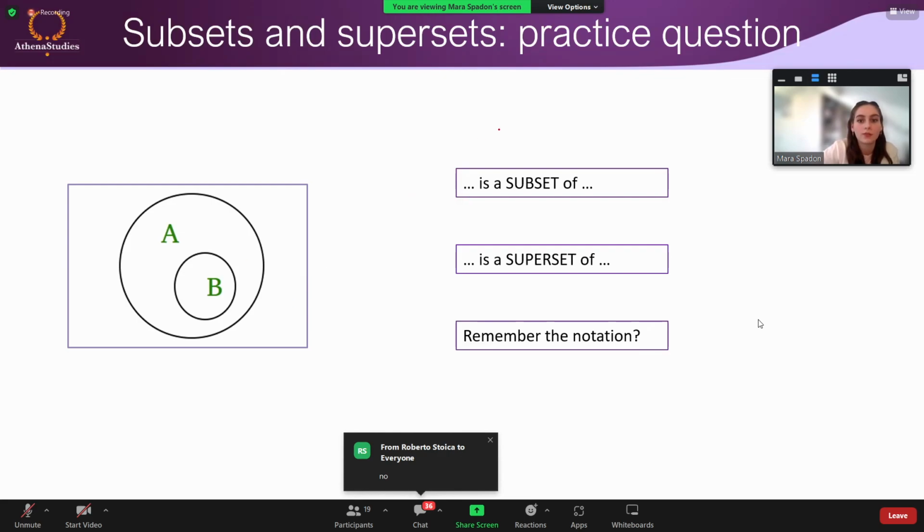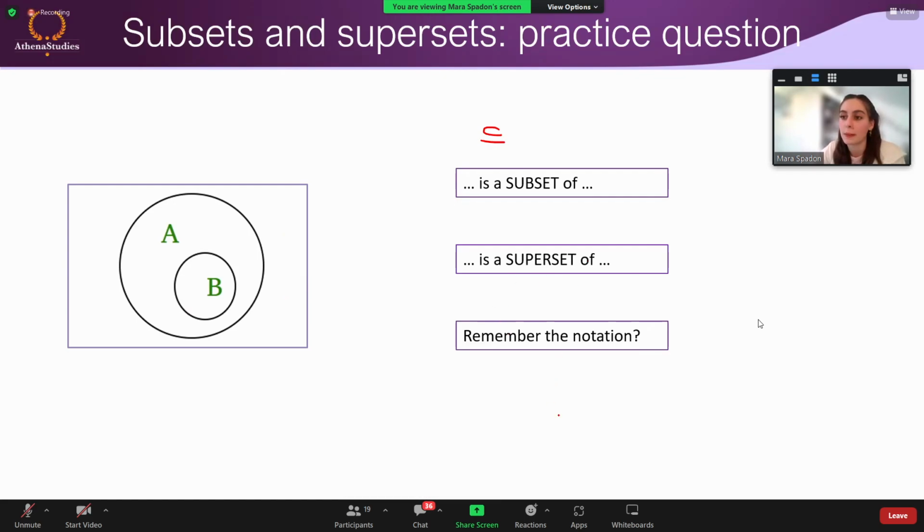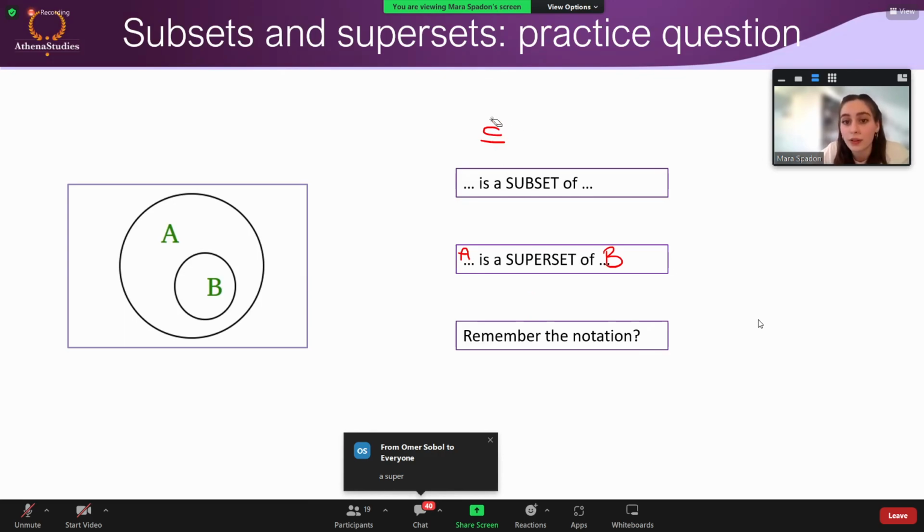Because we don't have this kind of subset, right? Because then they would have to share the exact same elements. Do we have a superset here? Yes, and what is that? A is a superset of B. Perfect, yes. So it was indeed correct. We don't have a subset of any kind, but we do have a proper subset.